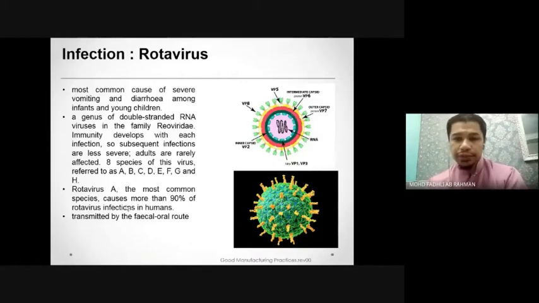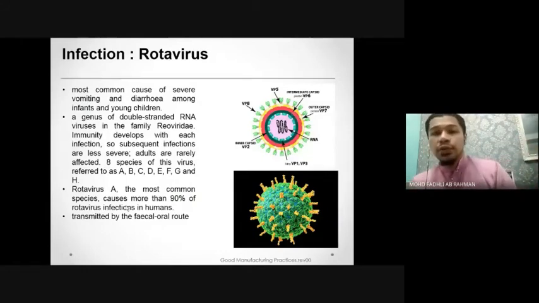in humans. Same as other bacteria, this virus is transmitted by the fecal oral route, meaning from the, daripada apa?